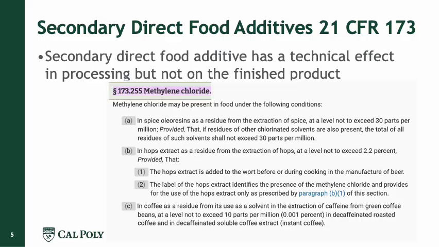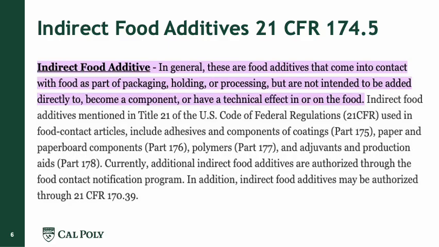So a secondary additive is something that we add during processing for the intent of extracting something, clarifying something, purifying something, or another function. But then we remove it. So we don't expect it in the finished product, or we would expect it at very, very low limits, which the regulations would state.